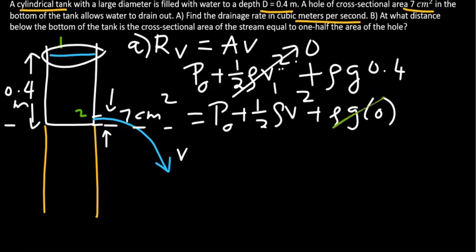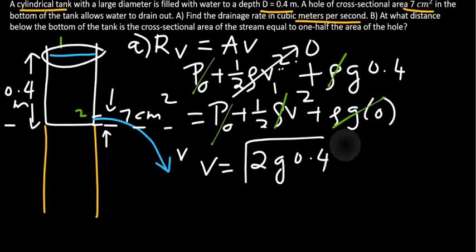So that goes away. The density will cancel, and you can solve for V. When you solve for V, you get V equals square root of 2g times 0.4 meter per second, which turns out to be 2.8 meter per second.